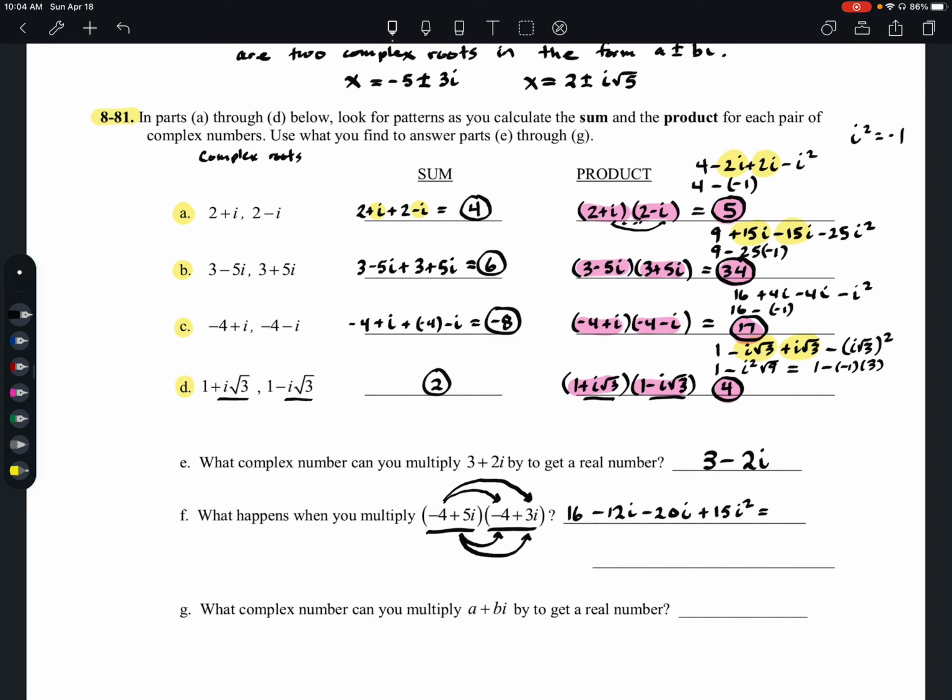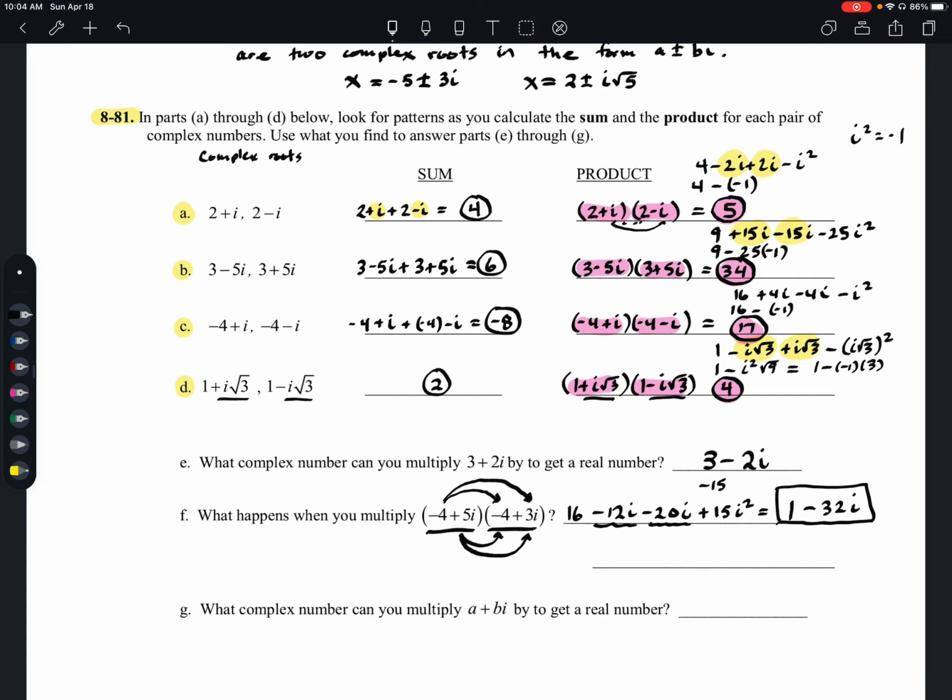So if we simplify that down, let's see, this would become a minus 15, right? So 16 minus 15 would be 1. And then when I combine my like terms here, I'm going to have minus 32i. So we get 1 minus 32i.